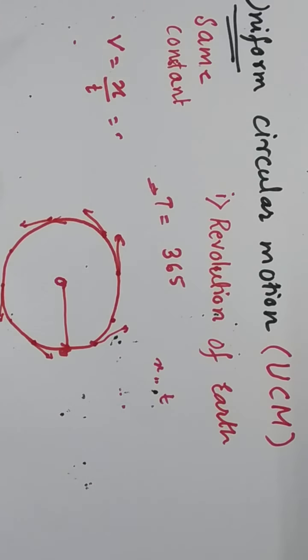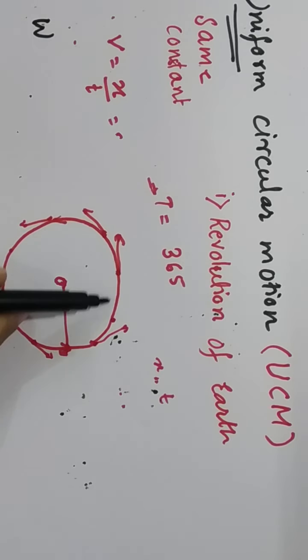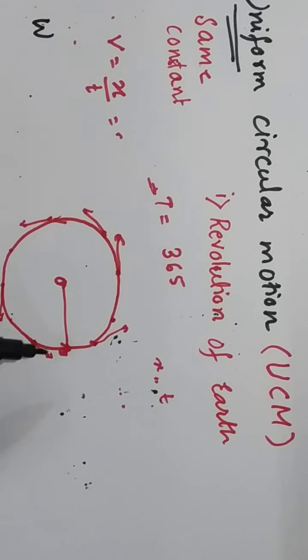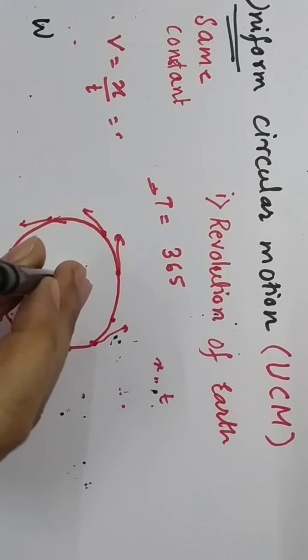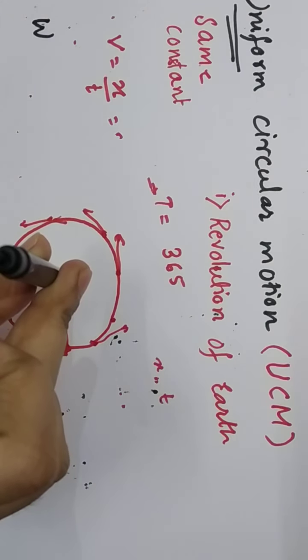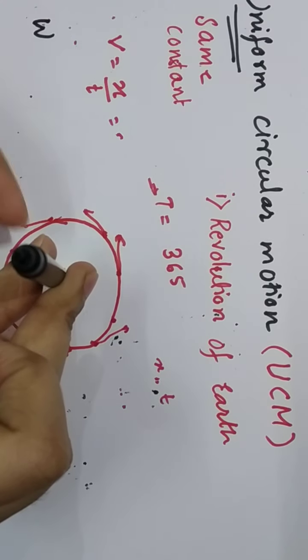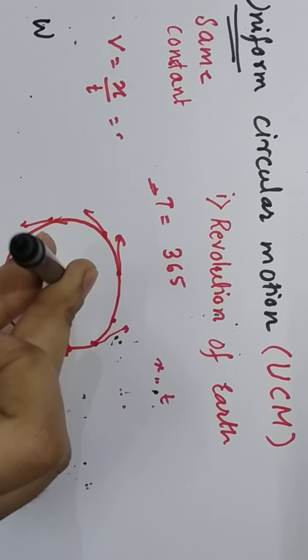Now the next one, you can define it in the same way. Consider the quantity which is nothing but angular velocity. As per the right hand rule, if the particle is moving in an anti-clockwise sense, the angular velocity will be directed along the axis of rotation, that is, in a vertically upward direction.